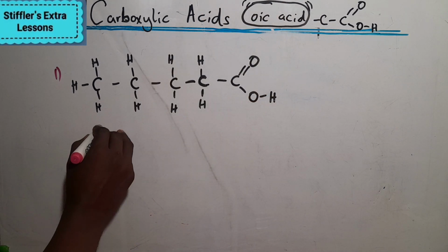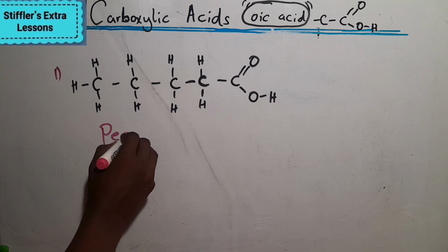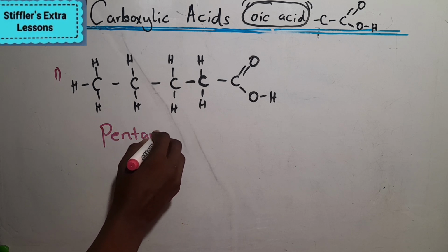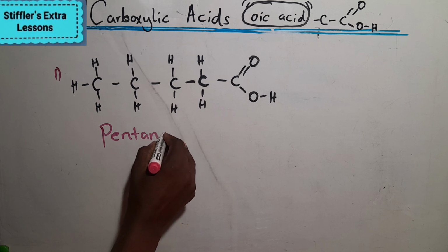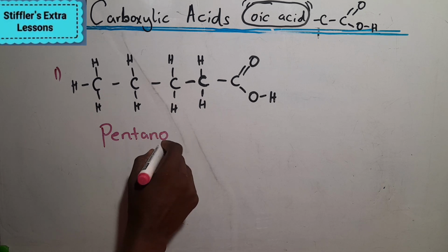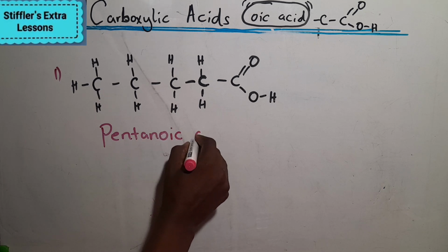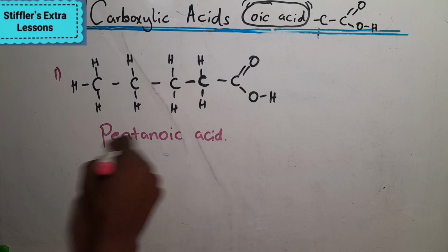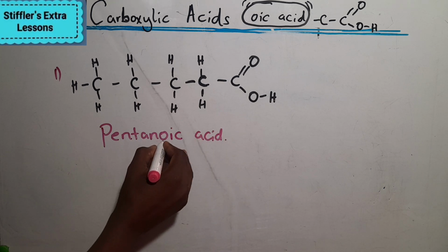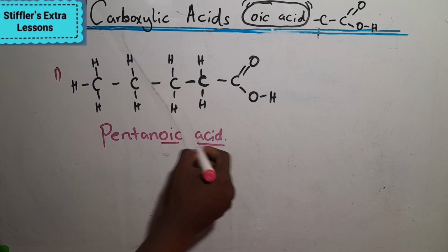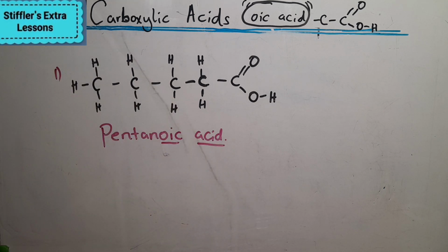We name as if we're naming the alkanes, but now we replace this E with oic acid. Pentanoic acid. So oic and acid replaced the E, right? So this is pentanoic acid.